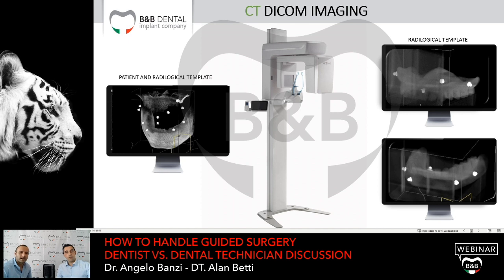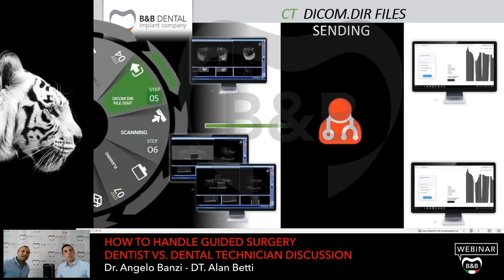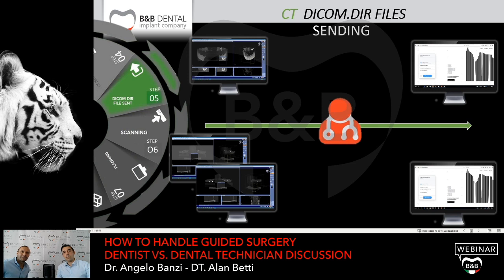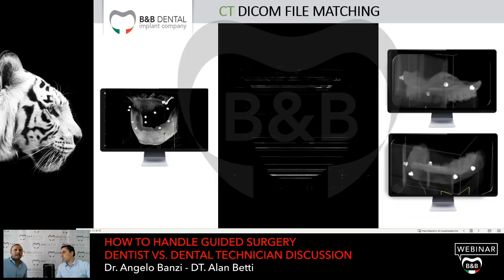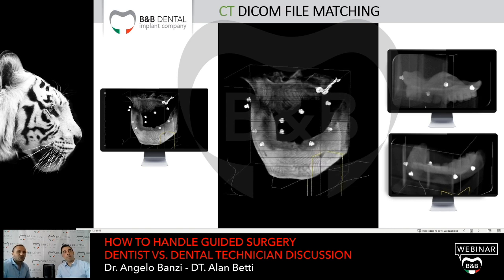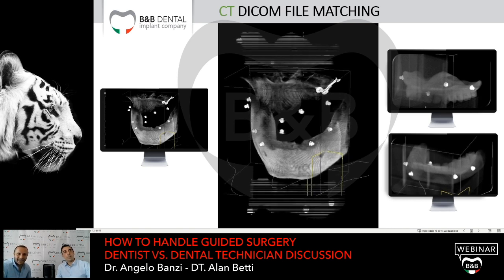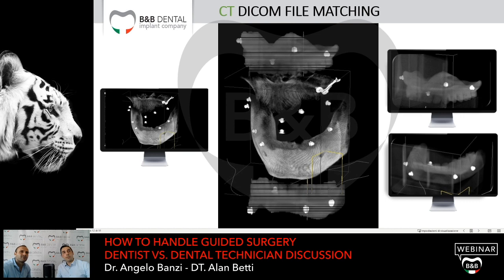With a low irradiation, Alan is going to have the imaging of the radiological template and radiopaque markers. Once I've got this file, I'm going to send Alan these two exams, and Alan is going to match these exams, as you can see from the imaging.